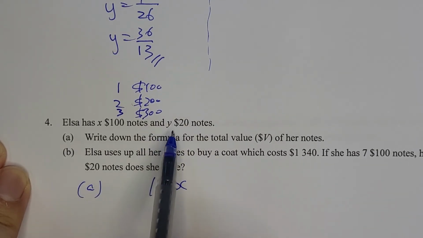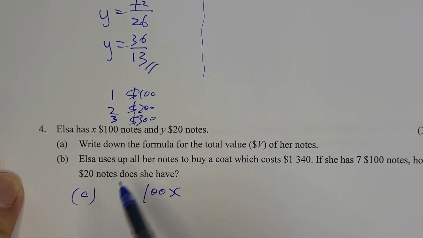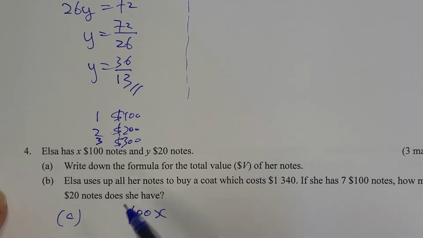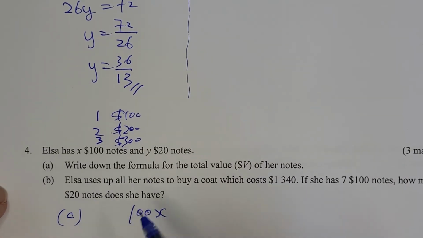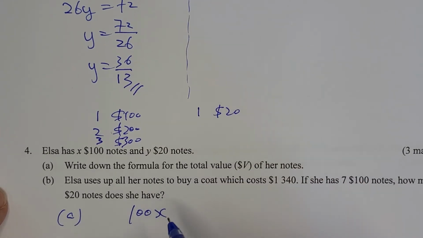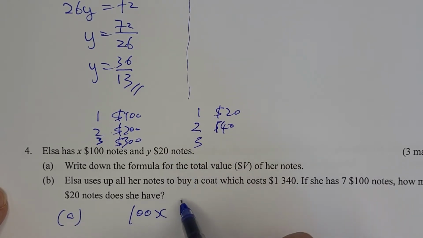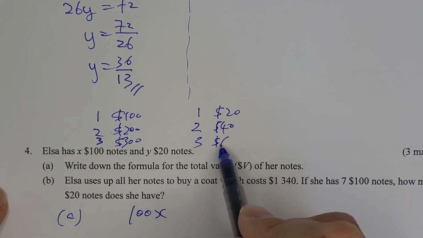But don't forget, she also has Y $20 notes. You can try to substitute some numbers. Suppose she has one $20 note, then it is $20. If she has two $20 notes, she will have 40. If she has three $20 notes, then she will have $60.